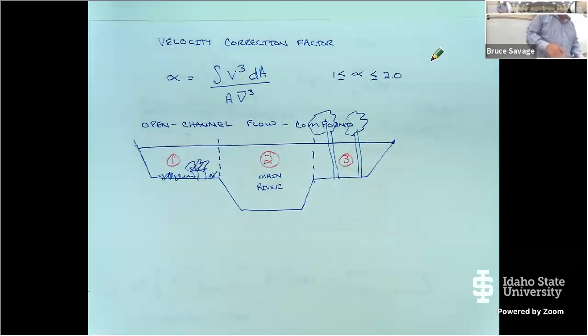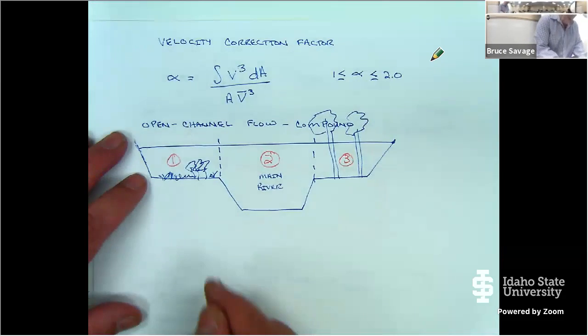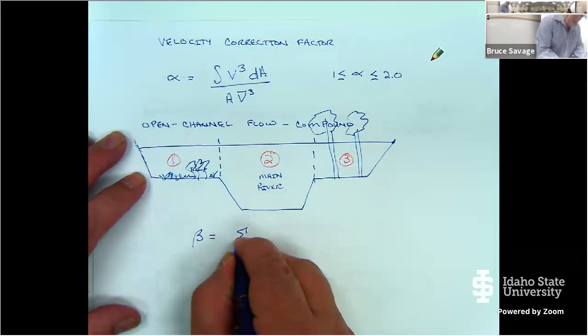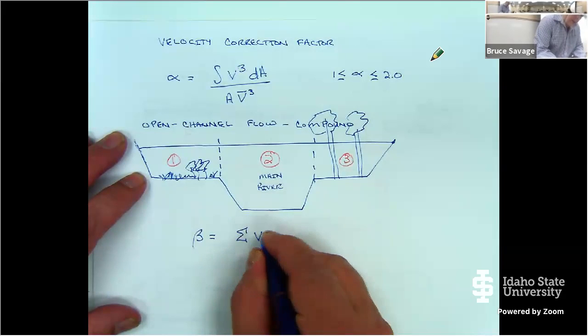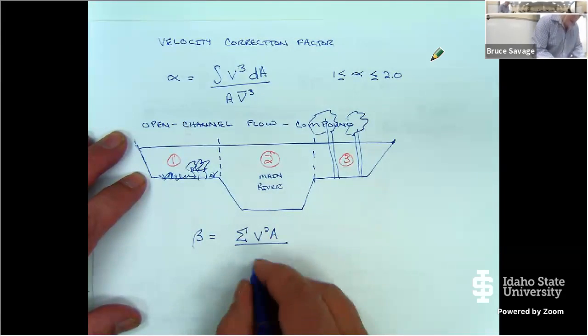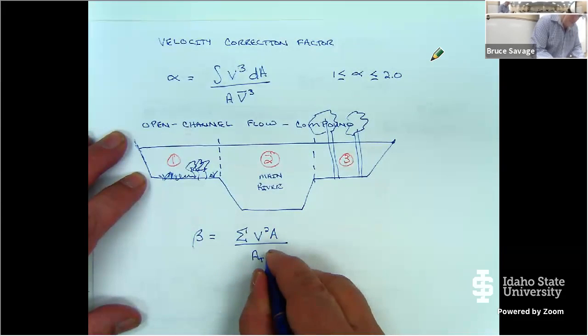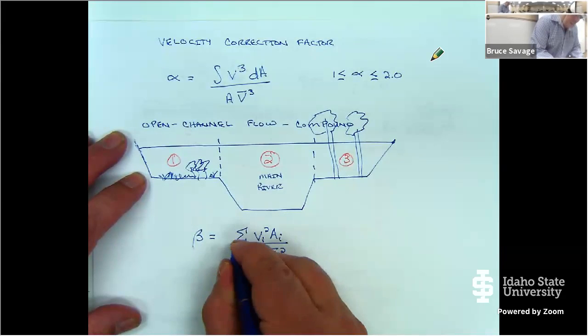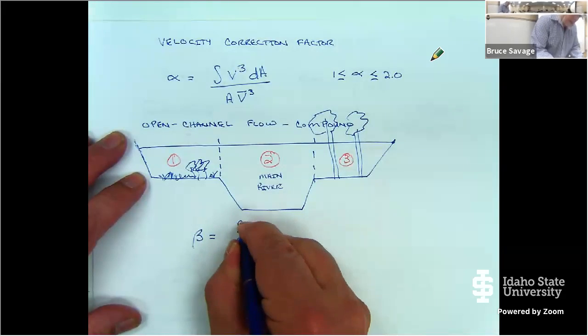And so when we do our calculations for this, we have to note that beta is equal to the sum of the velocity squared times the individual areas, divided by the total area times the average velocity squared. And I'm going to put a sub i and v sub i there, where i is equal to 1 up to n.